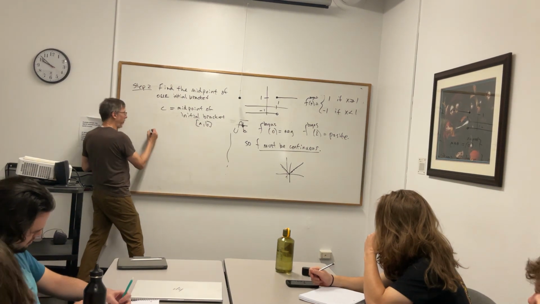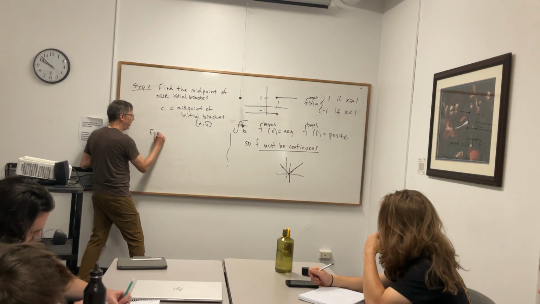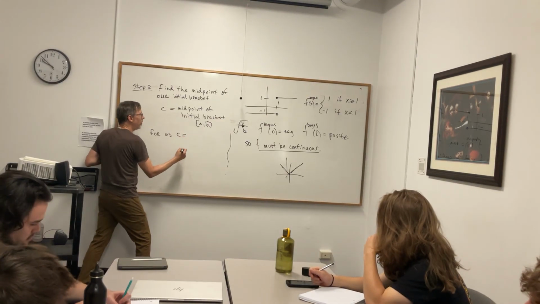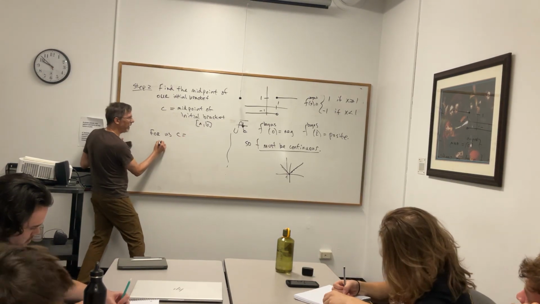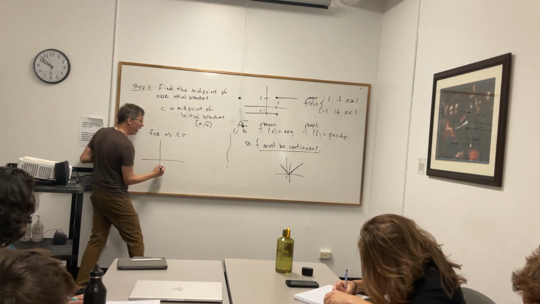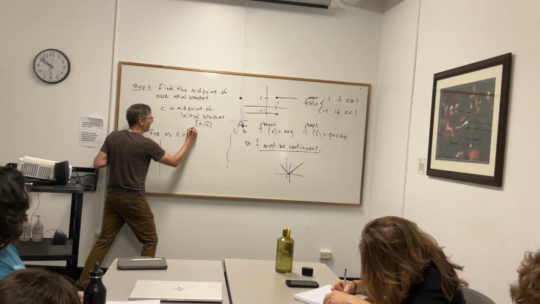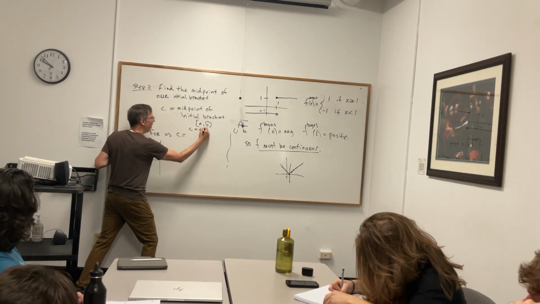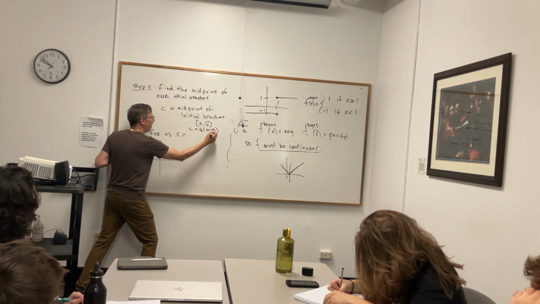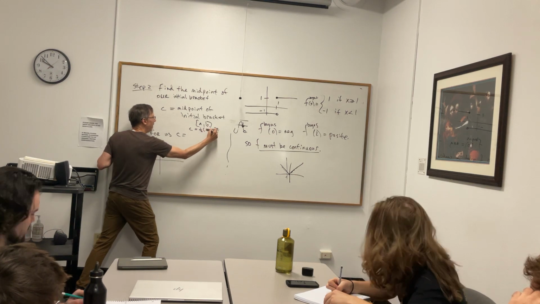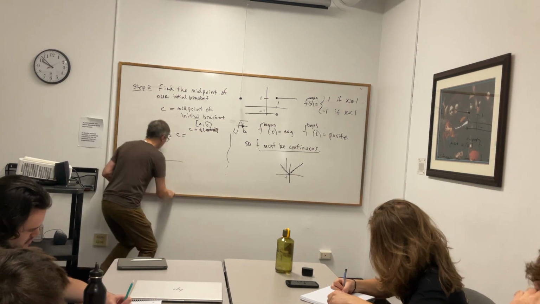For us, it was 0, 3. So for us, C is equal to, where was the midpoint? 1. Yeah, because I used 0 and 2. So C equals 1/2 of B plus A, the average of those two.